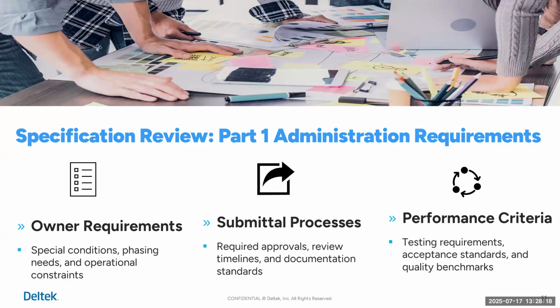The interiors folks, they want to see samples. Sometimes a small sample will do, sometimes a large sample will do, maybe even a full-size sample. But those are the kind of things that need to be worked out with your CA person.